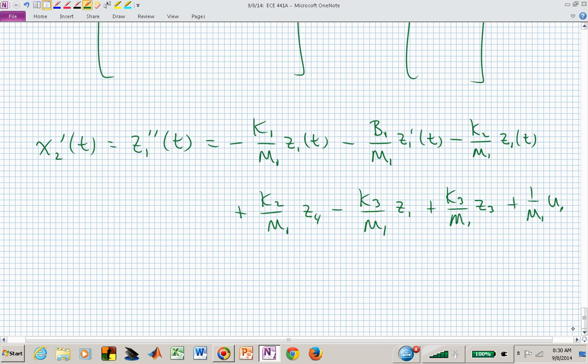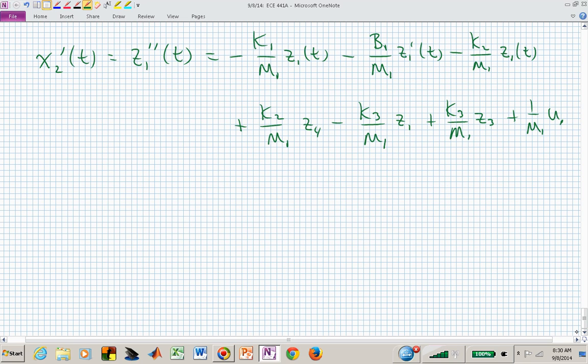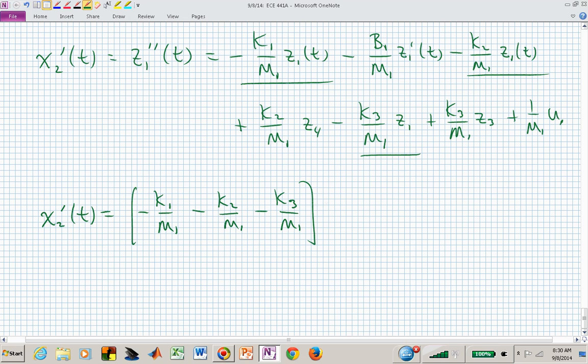We can collect common pieces, so we now have x2 prime is equal to several things scaling z1. We have a minus k1 over m1, that's this guy. We have a minus k sub 2 over m1, that's that one. Minus k sub 3 over m1, that's that one. All times z1 of t.